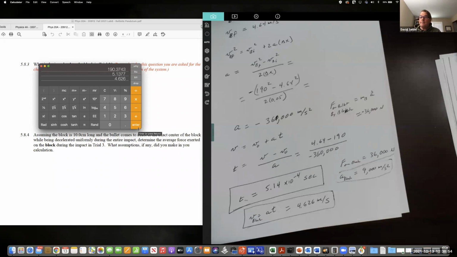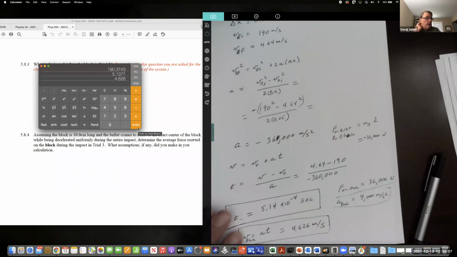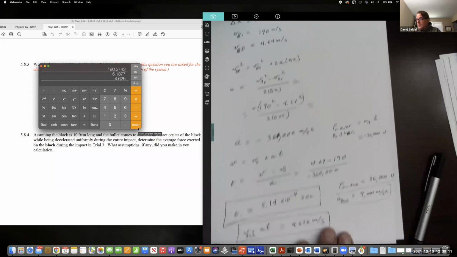That's pretty good. Our biggest source of error in this is the measuring of the height. And even that was a relatively small error.